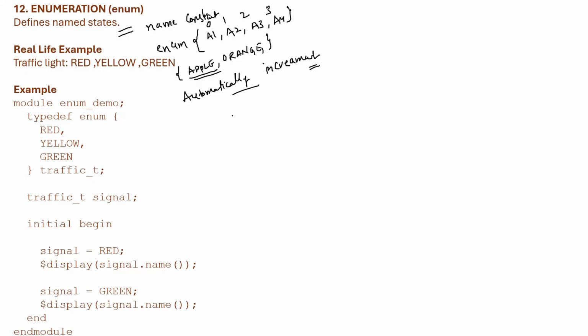So if red has 5, and you assign values in between, then whatever the next name is, that will be incremented automatically: 5, then the next becomes 6. Green is 8, and then orange color has 9 here. Because the next value is automatically incremented by +1 from the previous value. That is the reason we are taking the enum data type.